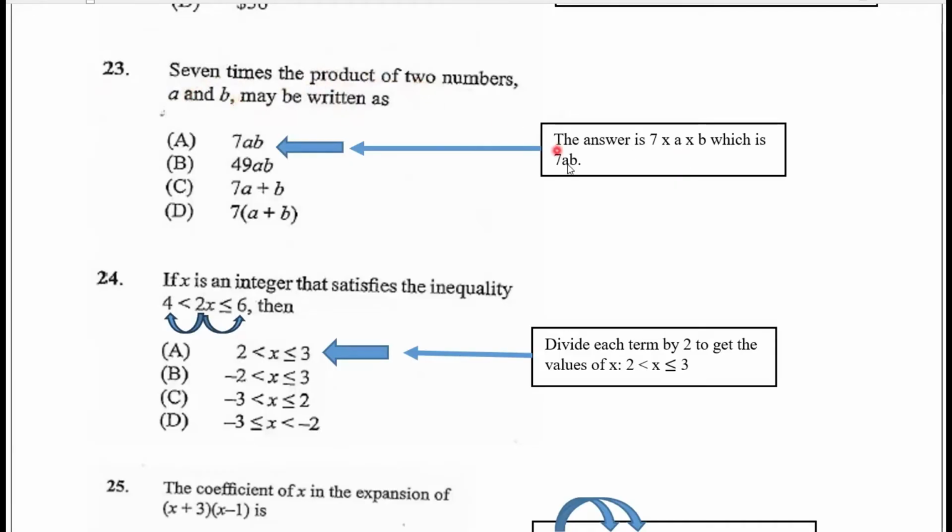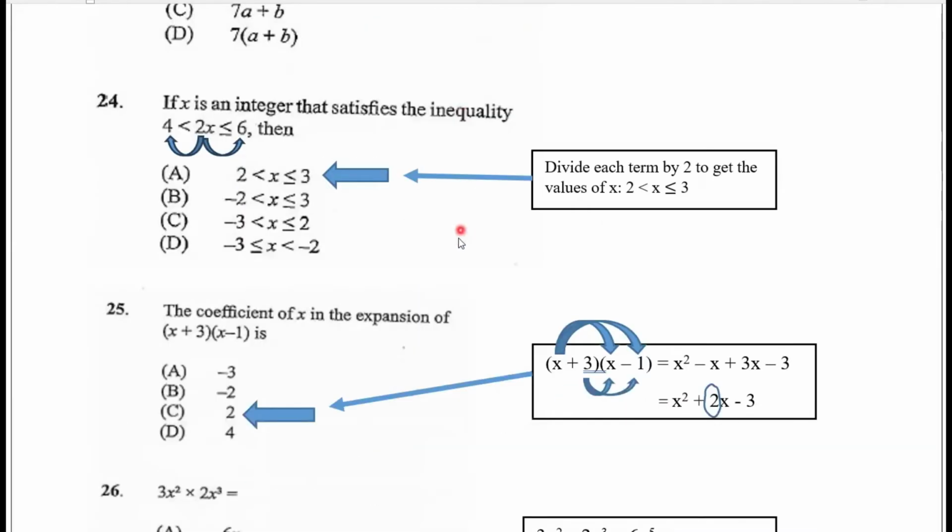Product of A and B would be AB. A by B is AB. And 7 times that would be 7AB.